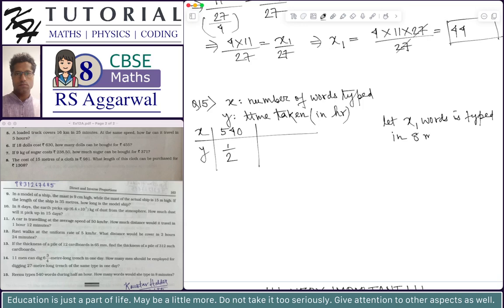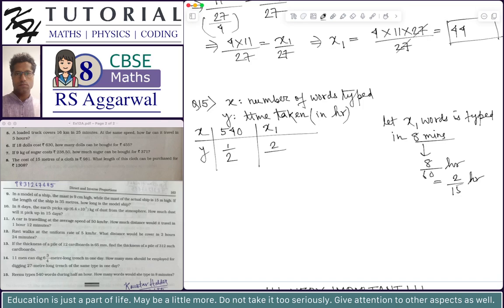Now we have to convert 8 minutes to hours. 8 minutes is equal to 8 by 60 hour, which is equal to 2 by 15 hour. Okay, so we can now add the new data in the table. The number of words we have assumed to be x1, so x1 in 8 minutes, and 8 minutes is equal to 2 by 15 hour.